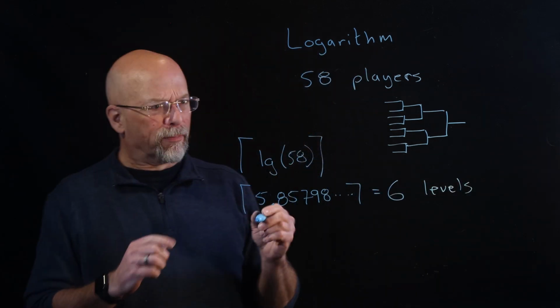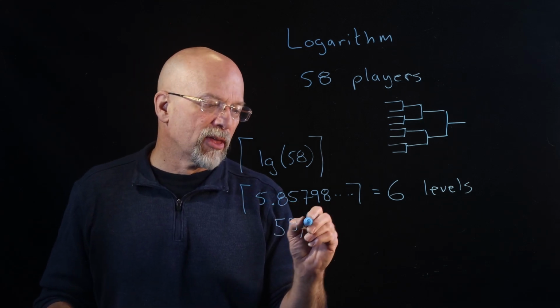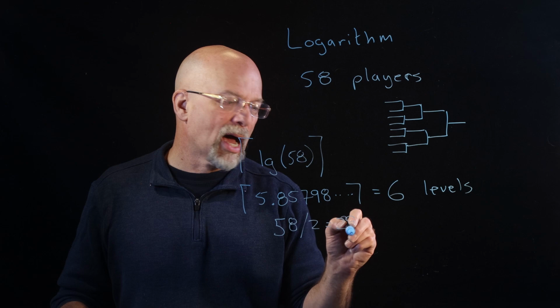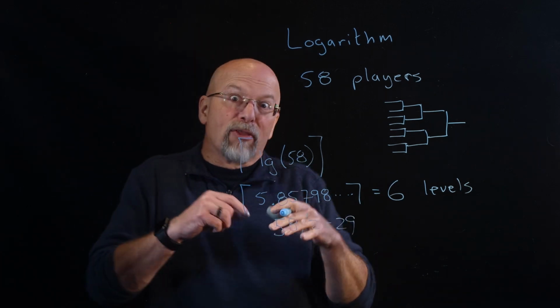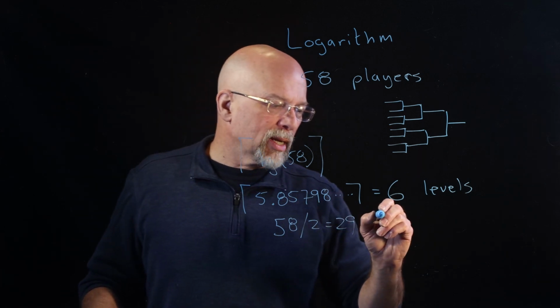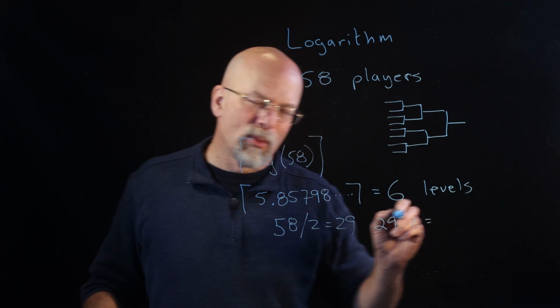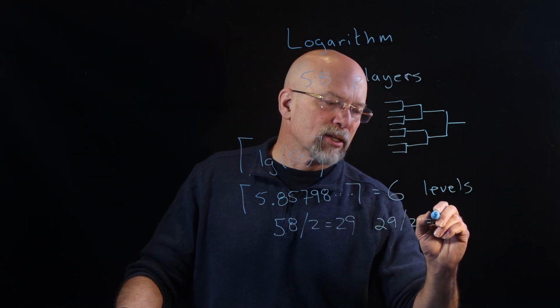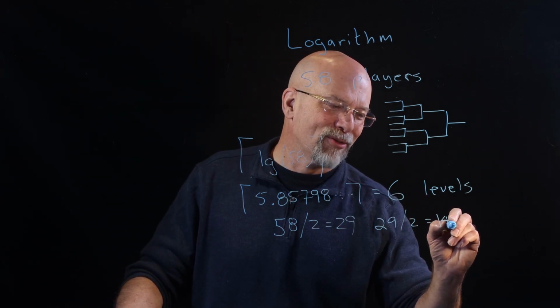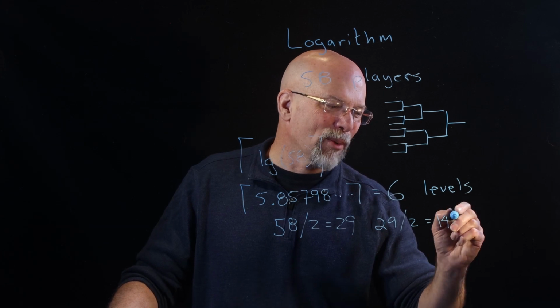Is this right? Well, think about it this way. If I have 58 players, then they are going to play 29 games in order to figure out the 29 winners of these games. Well, once you get the 29 games, then you're going to divide this also in half. And what this is going to give you is, well, 14.5, right? Well, that 0.5 is not really what we're looking at.